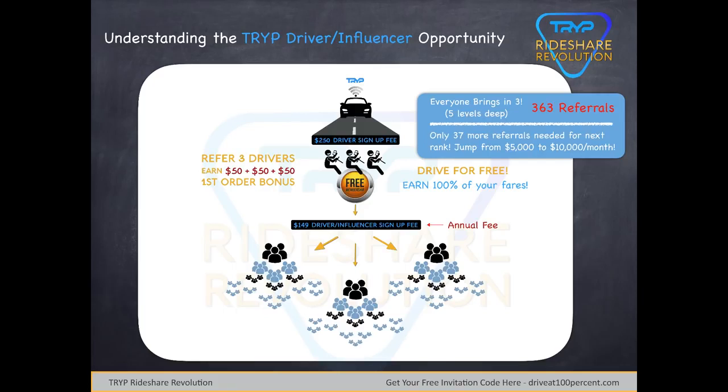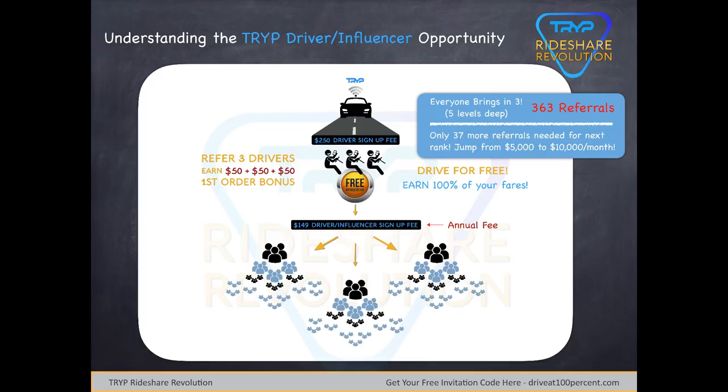Now, that doesn't take much time when you figure every person is incentivized to bring in 3 people. And each driver has 30 days to bring in those 3 people before they would have to pay for their $199 software. So within 30 days, the driver's going to bring in 3 people.